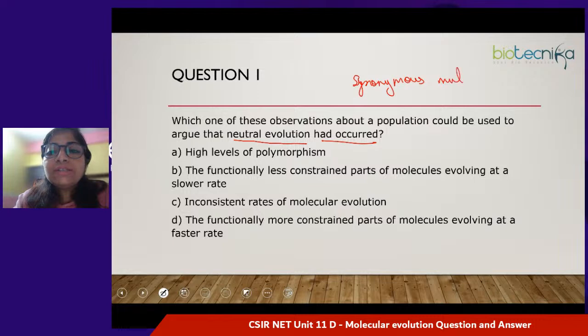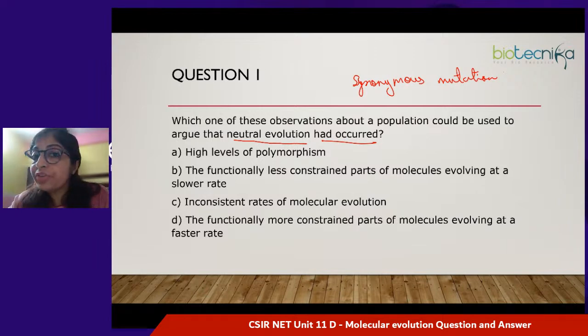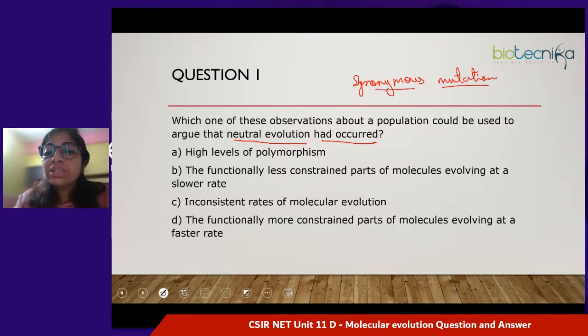So what are these synonymous mutations doing? They are happening in the nucleotide sequence, but they are not affecting the function or the structure of the protein. And because of that, these mutations are selectively neutral.